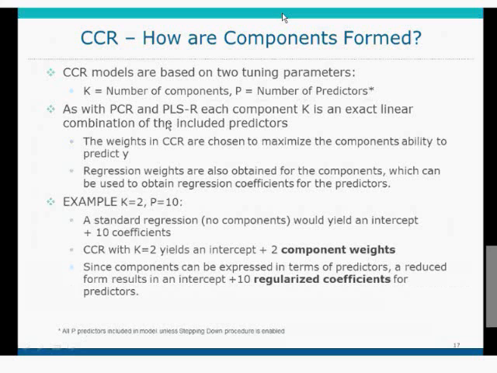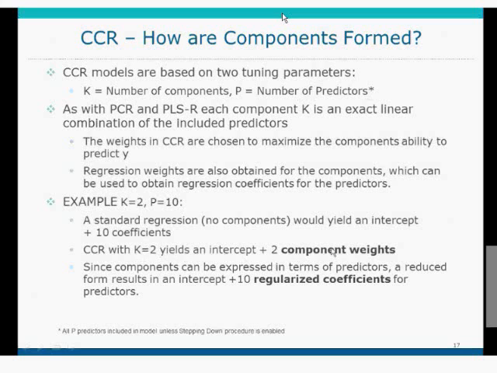Now, this is an example here with K equal to 2 and P equal to 10. So we have 10 predictors. We have a two-component model. A standard regression would yield an intercept plus 10 coefficients. In correlated component regression with K equal to 2, we get an intercept plus 2 component weights, one weight for each of the two components.